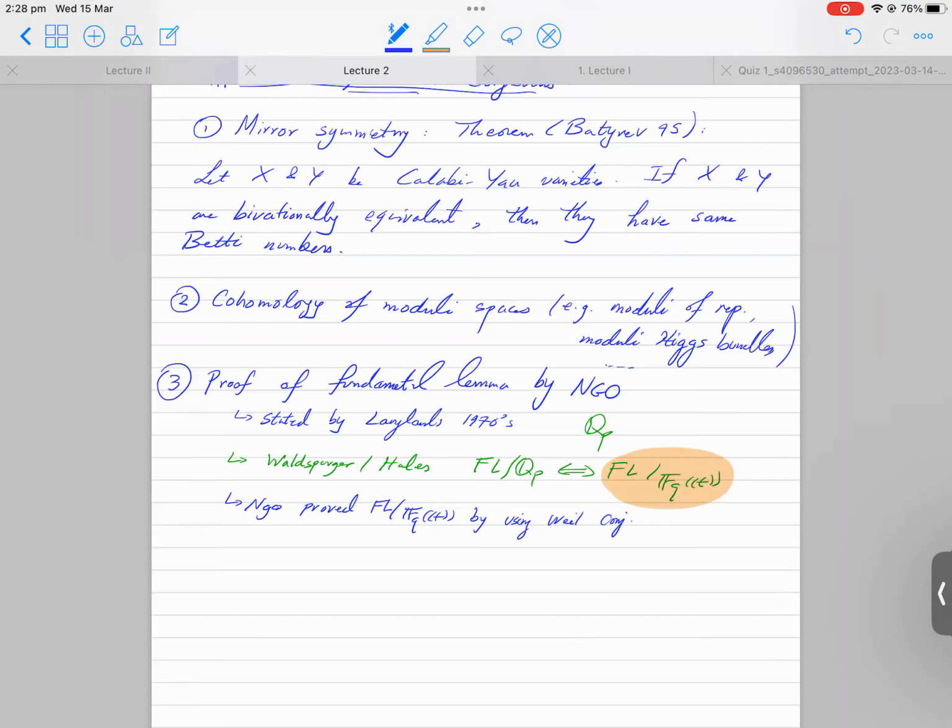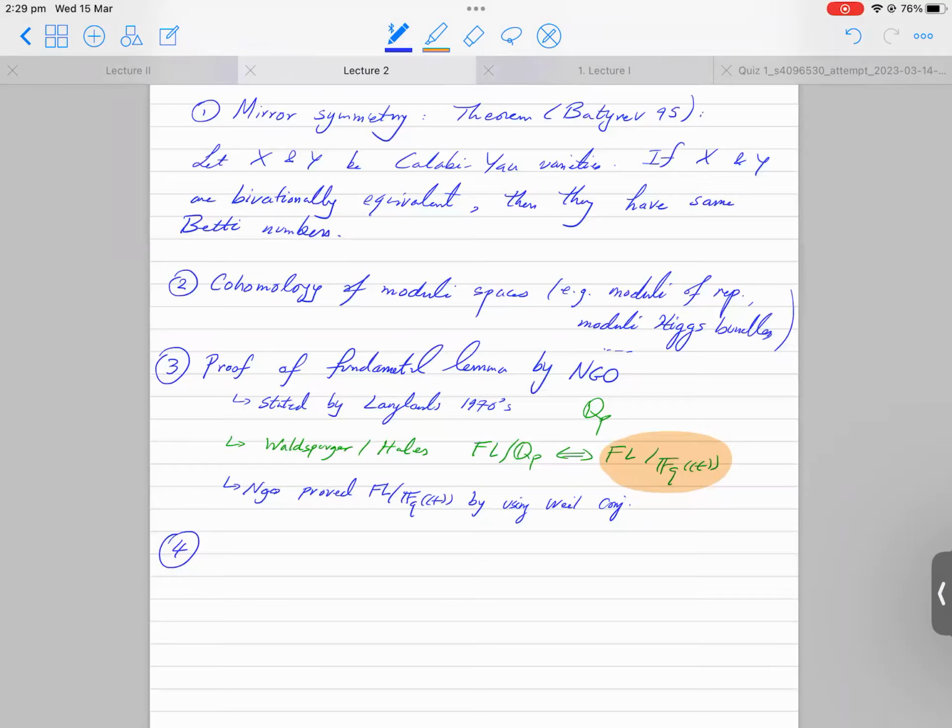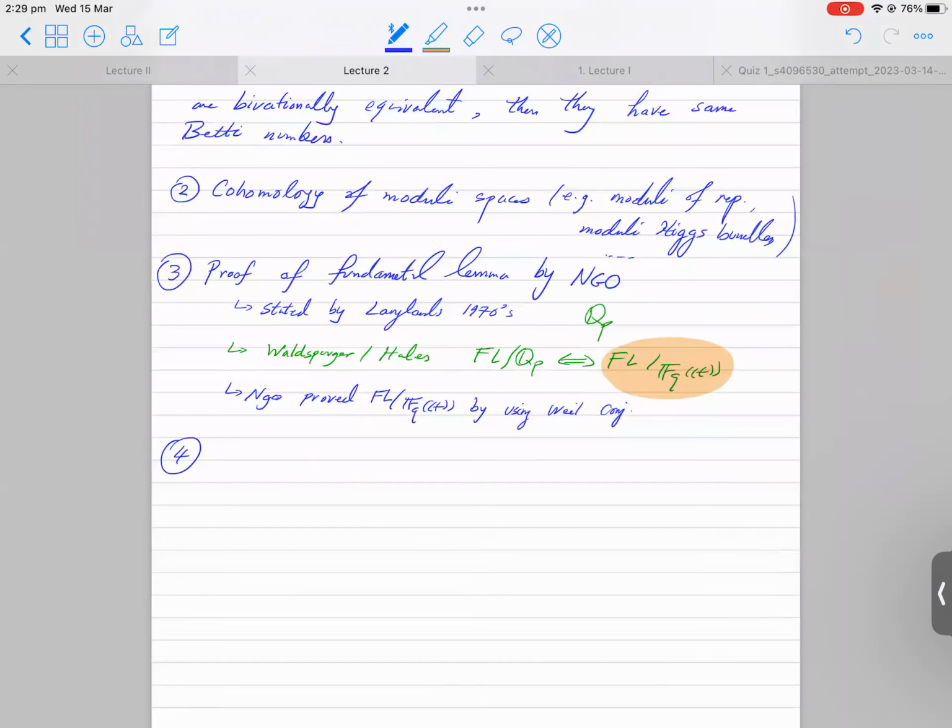And the fourth one that I want to talk about is actually one of the first applications, which is due to Deligne. There's this amazing theorem of Deligne. In fact, it was while thinking about this that he came up with the proof of the last Weil conjecture, the Riemann hypothesis. This is a really remarkable turn of events, which I don't actually understand the details of and would love to.